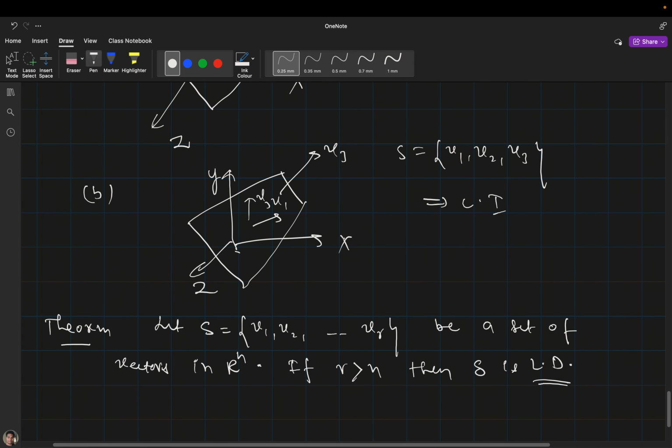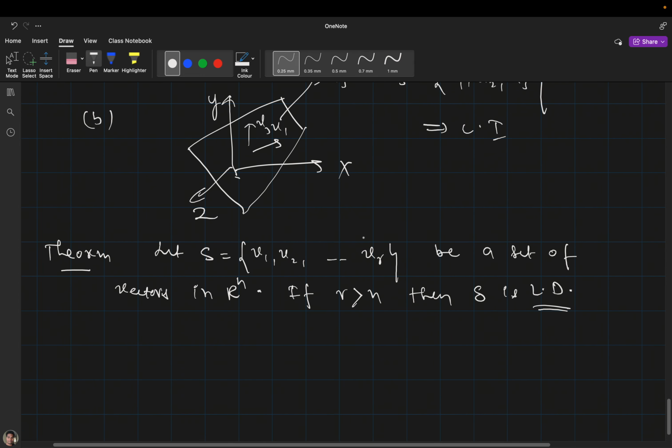But if you have more than three, then that space is completely spanned; you can write any vector as a combination of the others. So that's why those systems will be linearly dependent if we have more vectors than the dimension of the space.